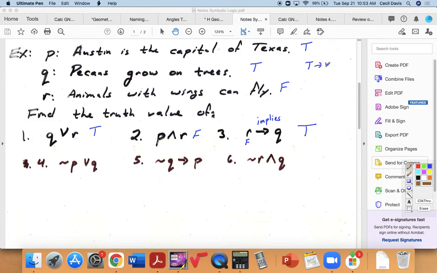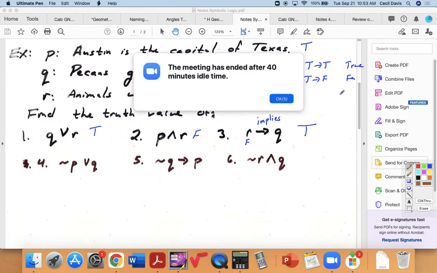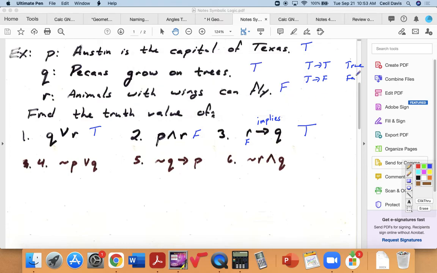True implies true. That's true. I won the lottery and I gave you the money that I promised you. True implies false. I won the lottery, but I didn't give you money. So I'm a dirty liar. False implies true.